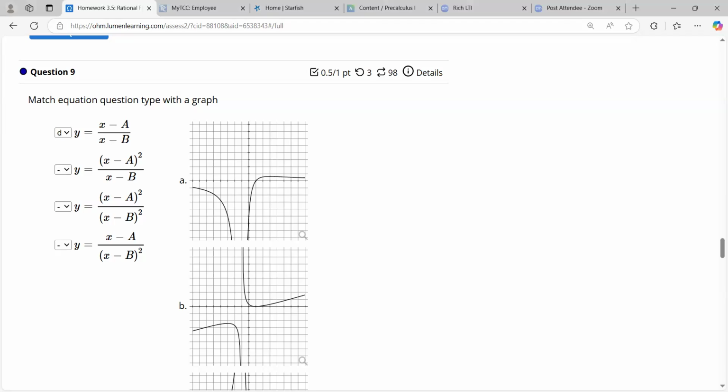For the second function, it has a vertical asymptote at x equals b, since the numerator has degree 2 and the denominator has degree 1. Please answer me. Does this function have a horizontal asymptote?